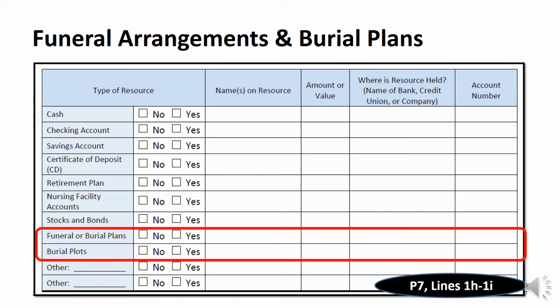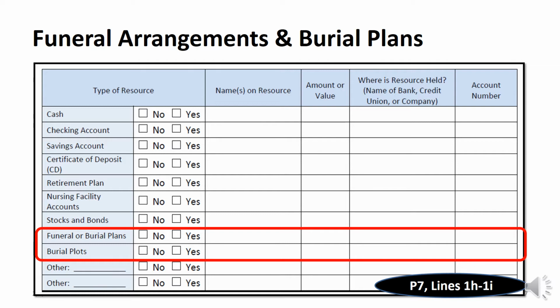However, there is a limit of $7,000 for funeral services included in an irrevocable funeral plan. Any services in excess of $7,000 would be considered a countable resource.